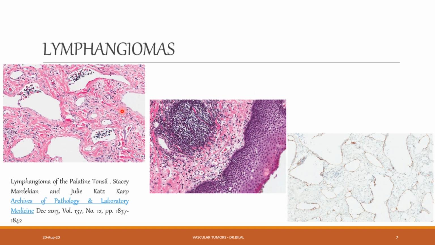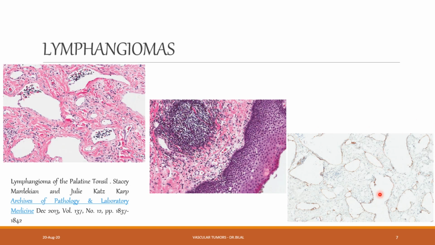I have taken this picture from a research article. So this is lymphangioma of a palatine tonsil. There are dilated vessels of variable size, lined by a flat layer of endothelial cells, and lymphoid follicles may be visible in the periphery.